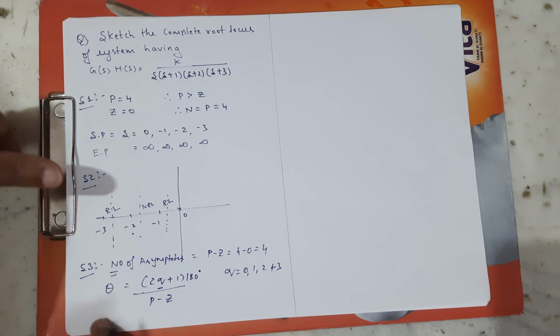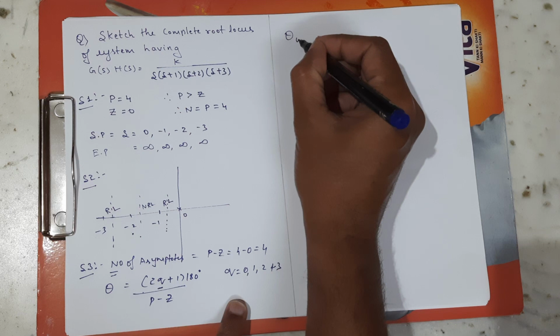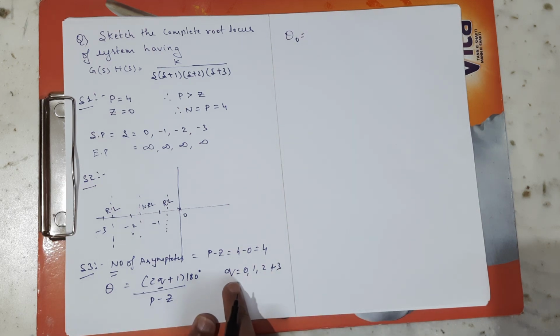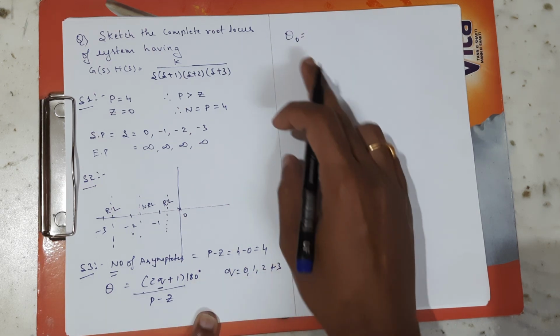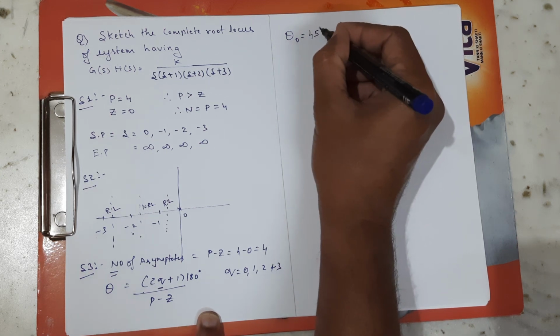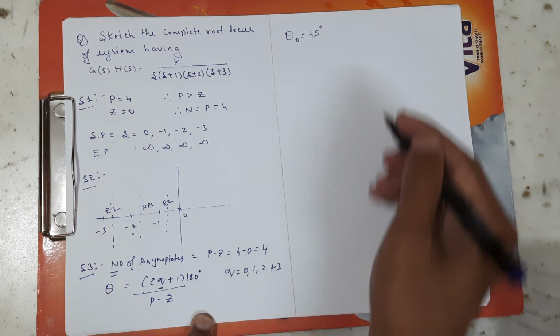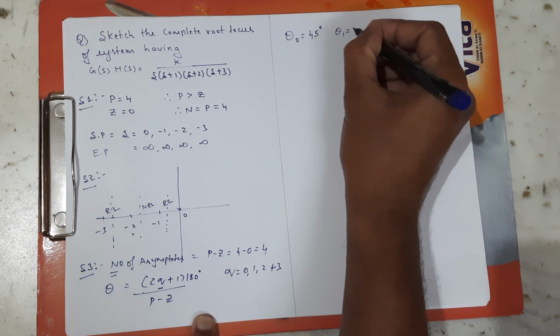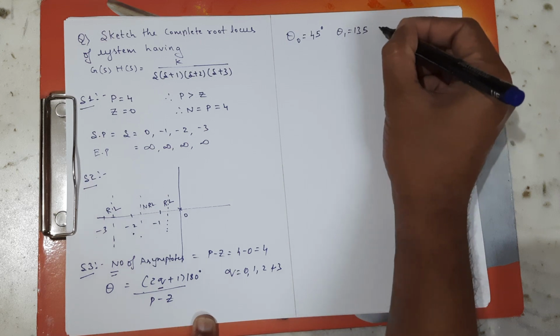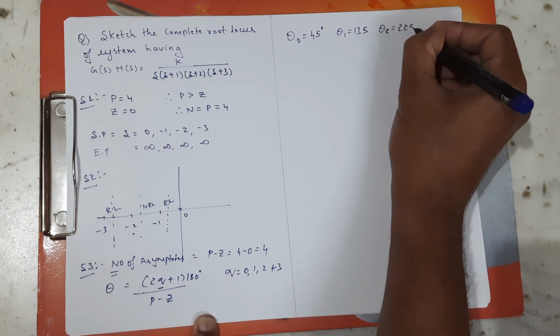This is the formula. When q is equal to 0, theta 0 is 45 degrees. In the same way, when q is equal to 1, theta 1 is equal to 135 degrees. In the same way, theta 2 is equal to 225 degrees.